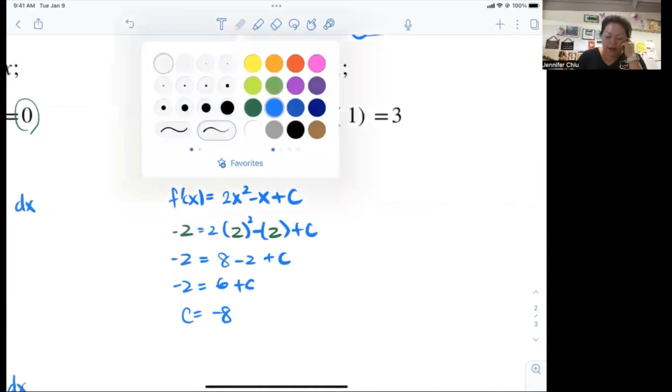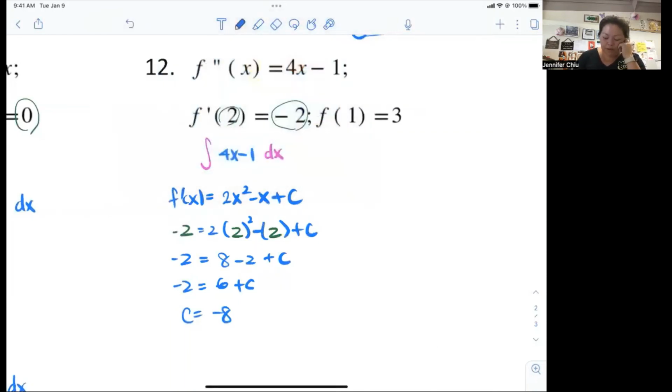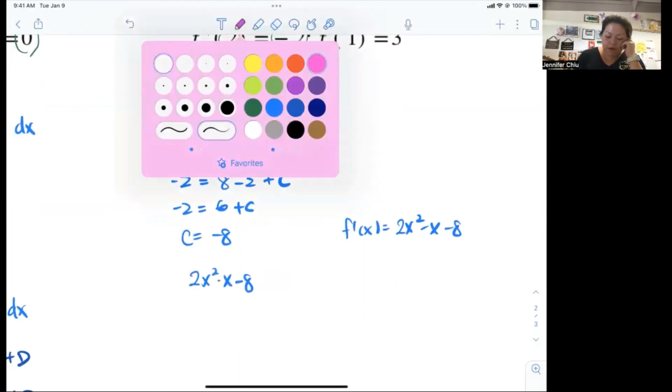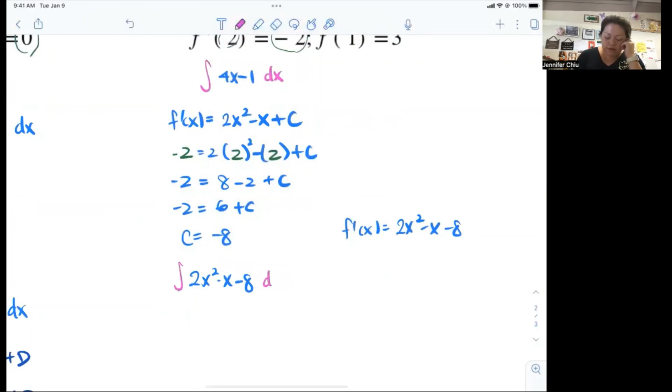Okay. Now my f prime is 2x squared minus x minus 8. Now I'm going to take that and do one more antiderivative because this is f prime and I want f. So take the antiderivative, and that would give me f of x equals 2x cubed over 3 minus x squared over 2 minus 8x plus d.